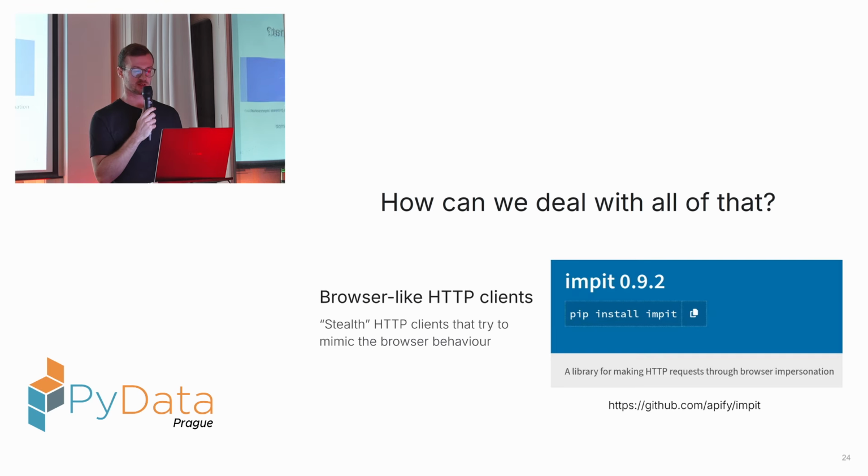One such client is Impit. It's built at Apify. It's fully open source, written in Rust, and ported to JavaScript and Python. Why in Rust? Because, as I said earlier regarding the table, we have to go deeper, to more low-level technologies, because in Python we cannot configure these.